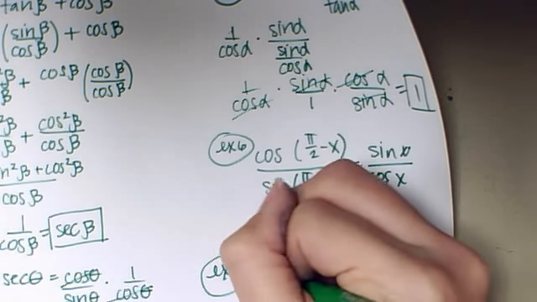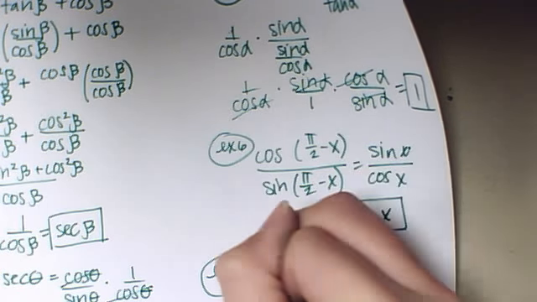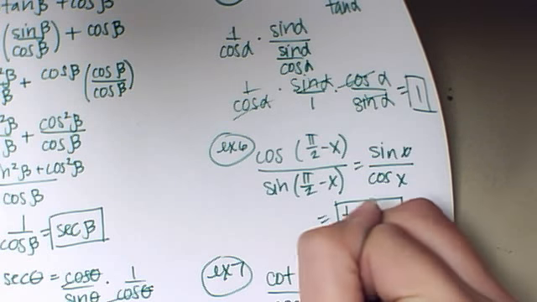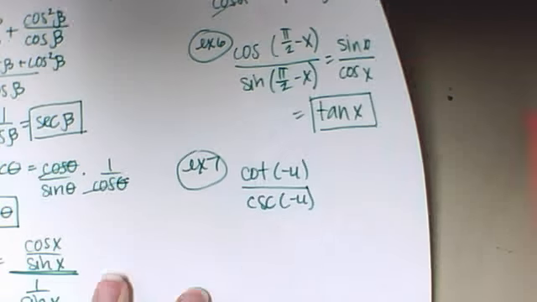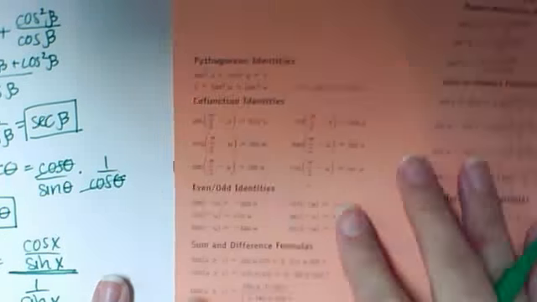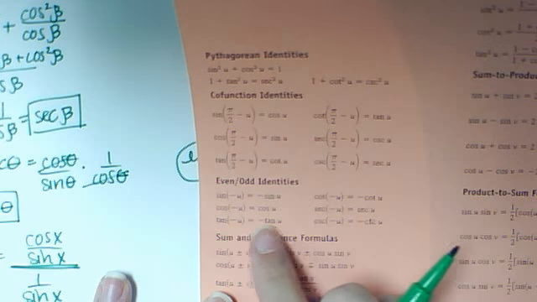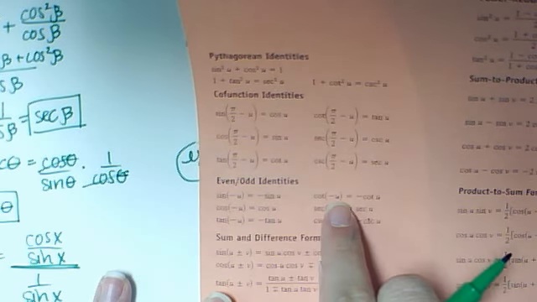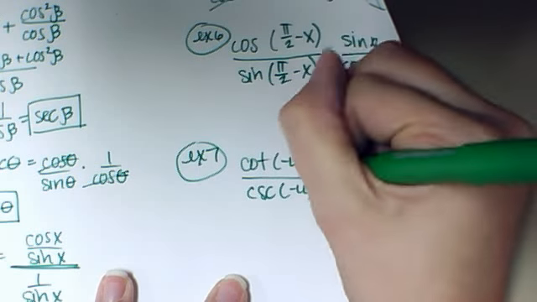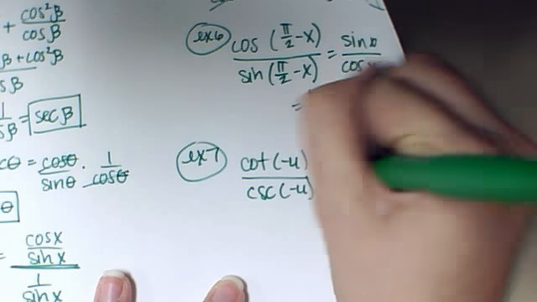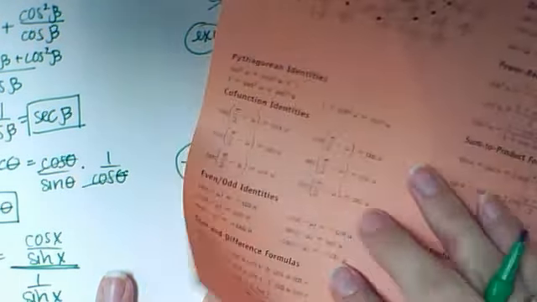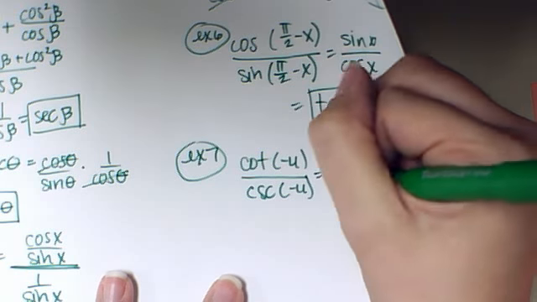Our last example is the cotangent of negative u over the cosecant of negative u. On this one, I want to use my even or odd identities. If I look at the cotangent of negative u, I get negative cotangent of u. If I look at cosecant, I get negative cosecant u.